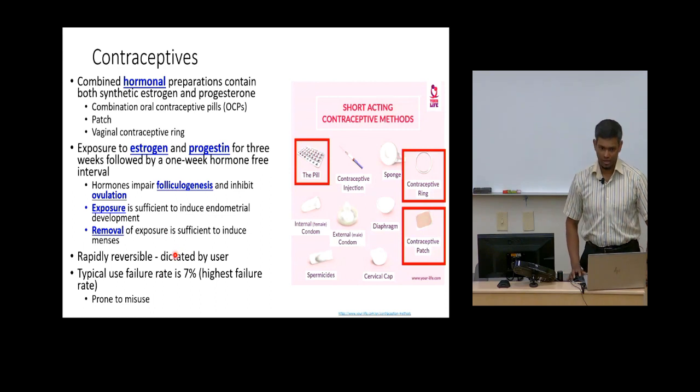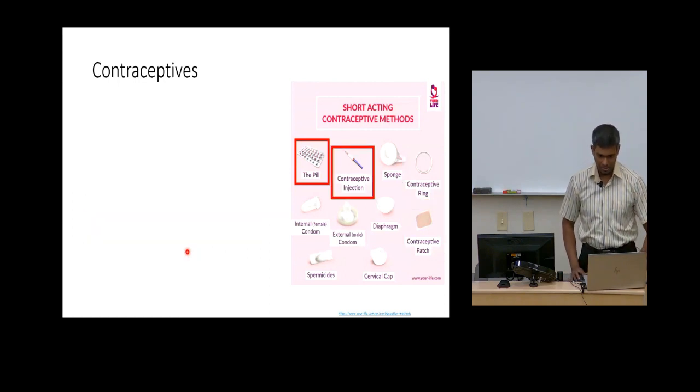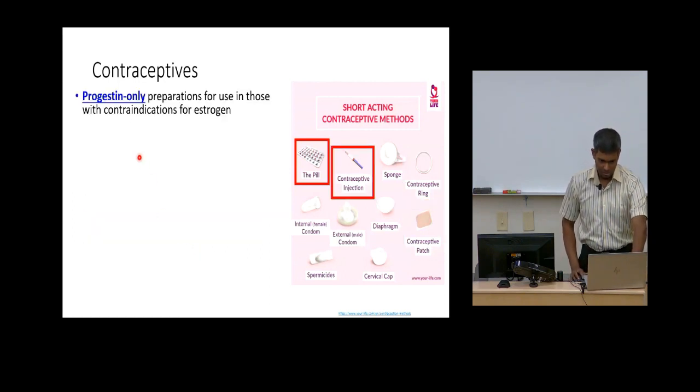Now, while we're still on the topic of hormonal preparations, some women may have contraindications for estrogen, right? What we mean by contraindications is that they have a risk for certain conditions. For example, some with hypertension, if they take estrogen, it can further worsen that condition.